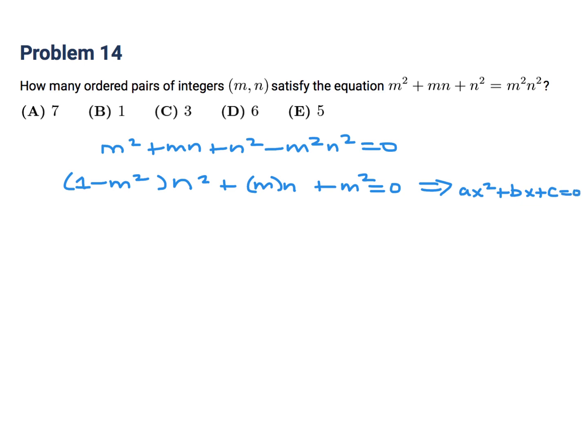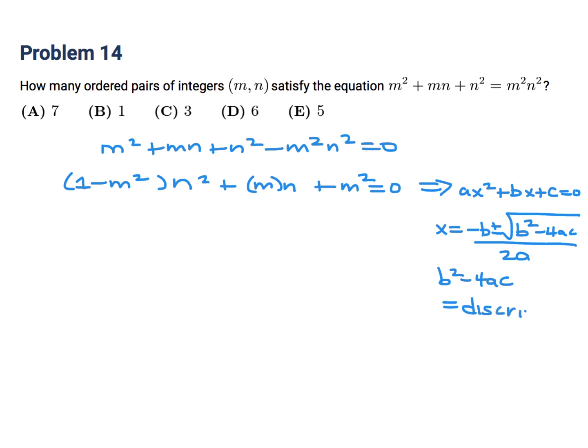And you guys remember the quadratic equation, x would be equal to minus b plus or minus the square root of b squared minus 4ac all over 2a. And what's under the radical, that b squared minus 4ac, is known as the discriminant. You guys remember that. Okay, now they want integer solutions, so that means that m and n both have to be integers.